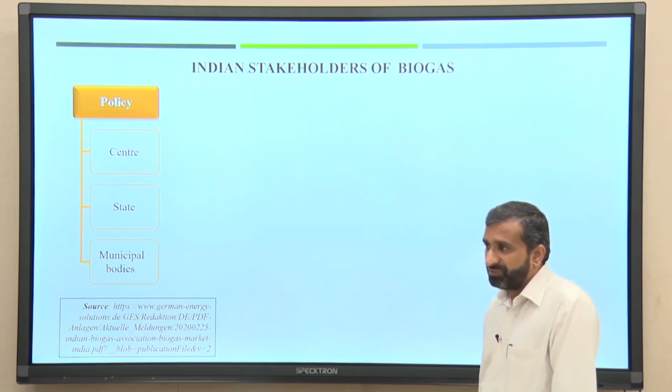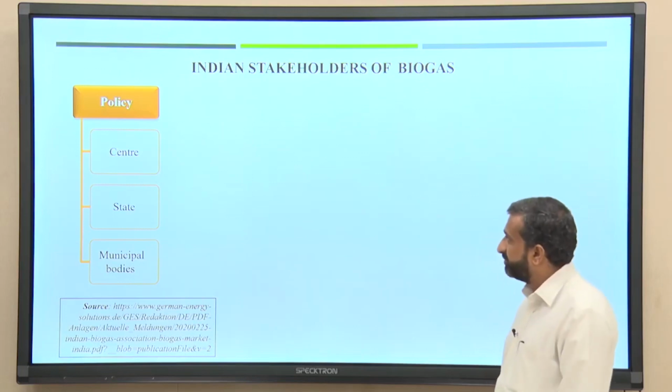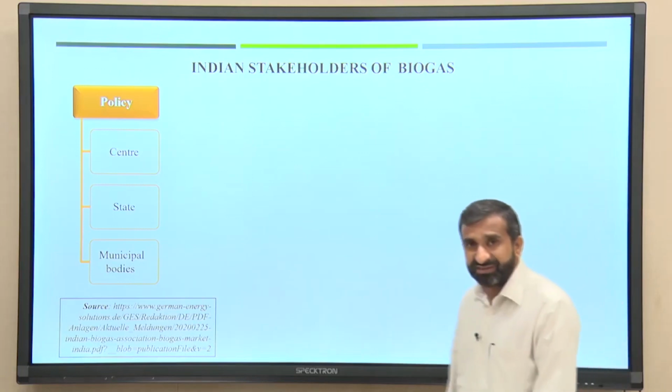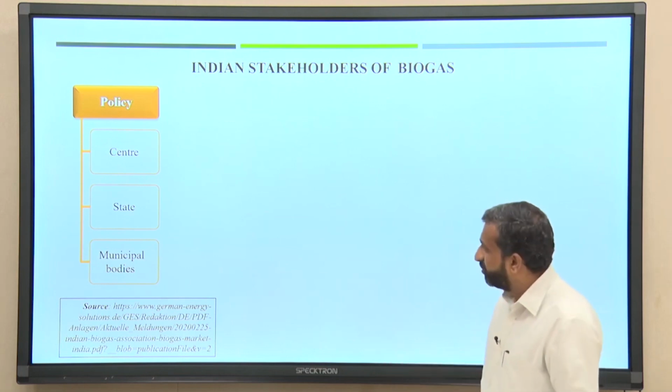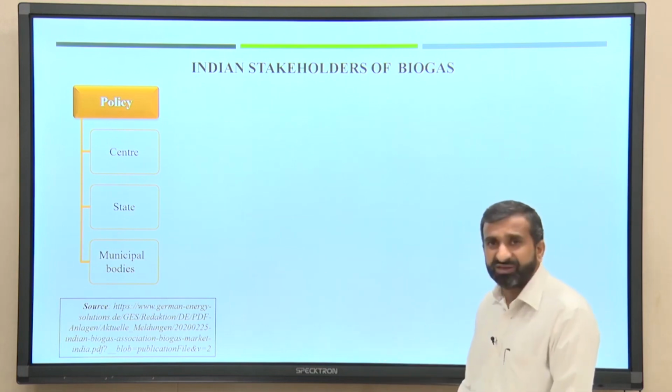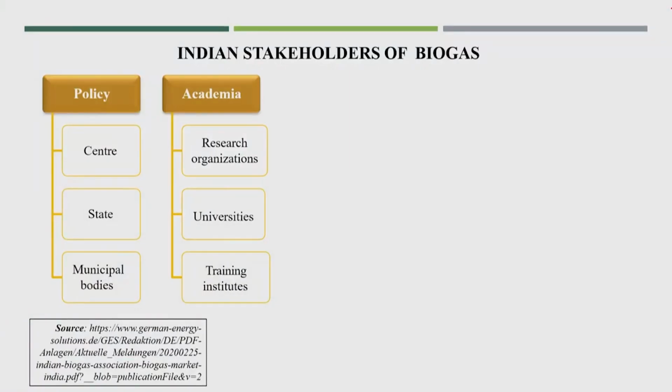They also provided some funding for different projects on biogas production. From the states, like for example Nagaland, they also promote it. Some municipal bodies also come up with different biogas units, and academics and research organizations.